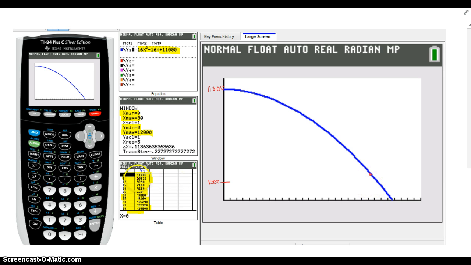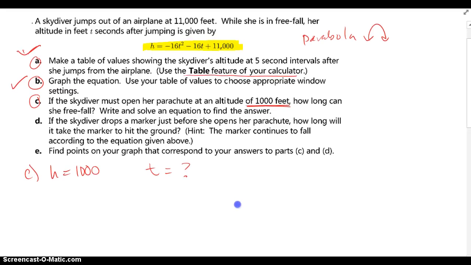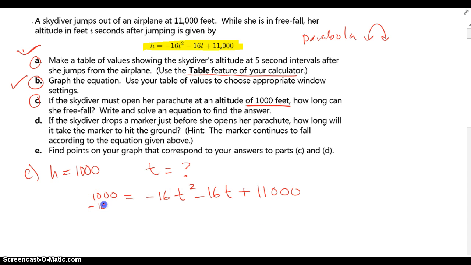Again, we can try to look at that on our table, but I don't see 1,000 feet on my table, though I can use my TI to find it. I'm going to go ahead and do it algebraically up here. So let's plug in 1,000 for the height, and then solve that quadratic equation. So I'm going to subtract 1,000 from both sides to get it equal to 0.